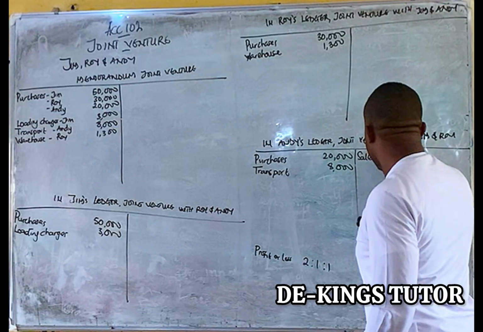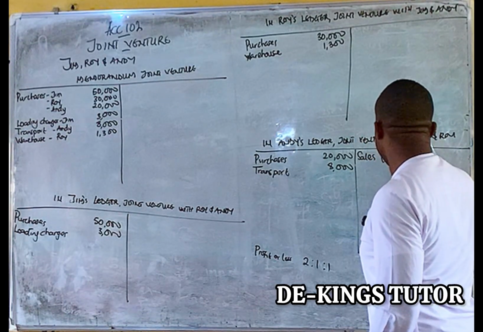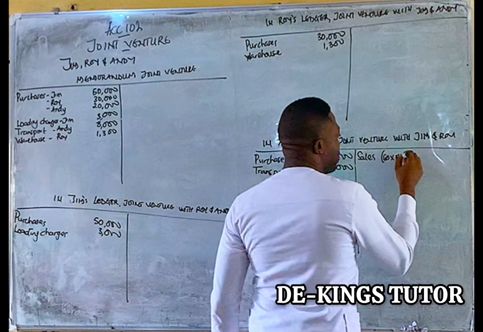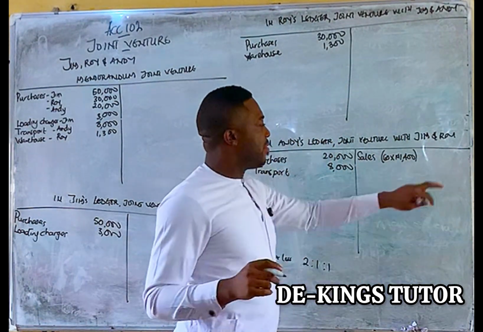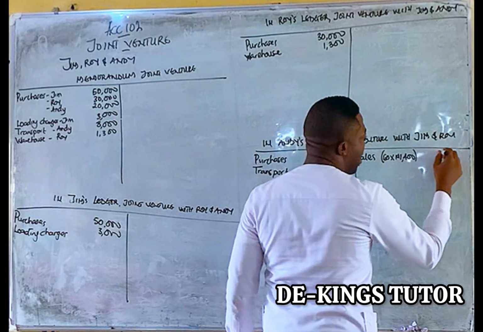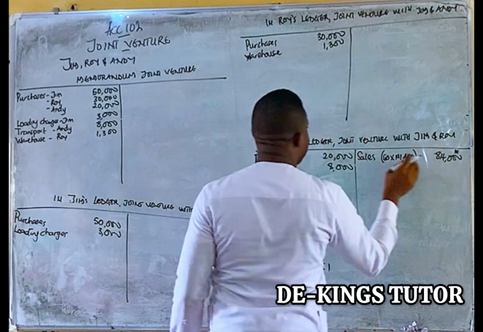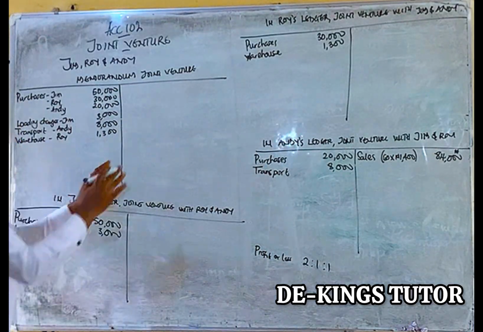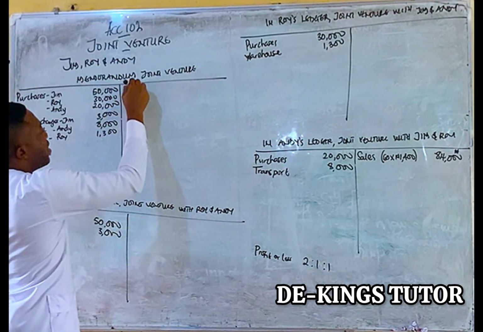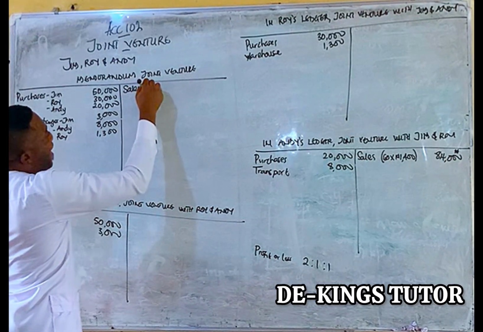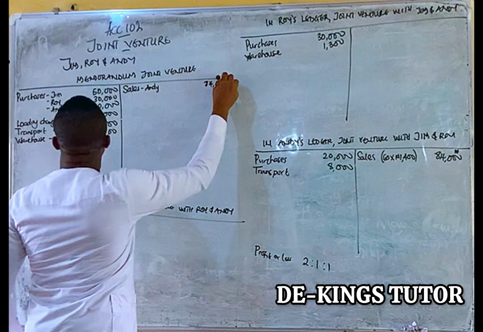So it will now be 60 times 1,400. What do we have? 84,000. Now the same thing you record at the credit side of the memorandum joint venture. So we now have sales by Andy, 84,000.